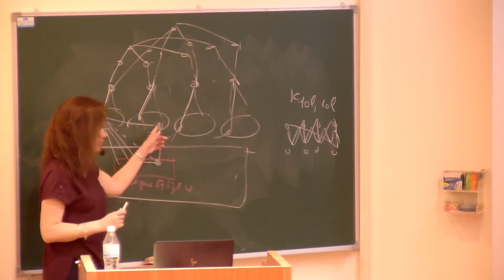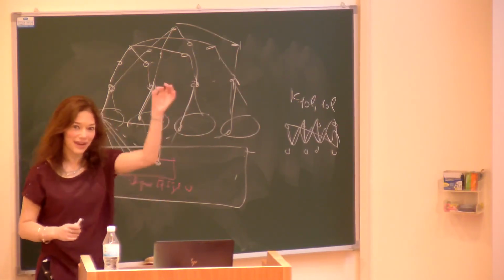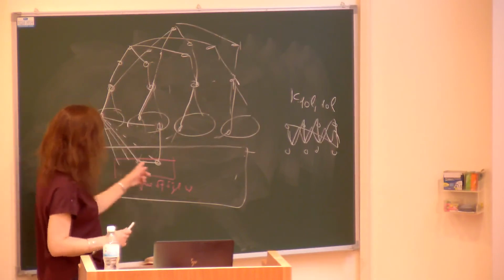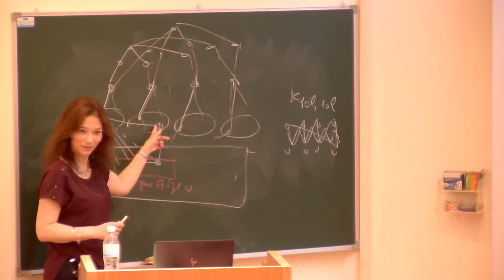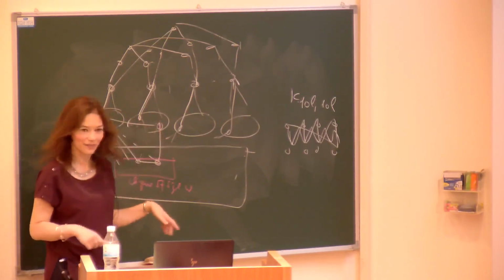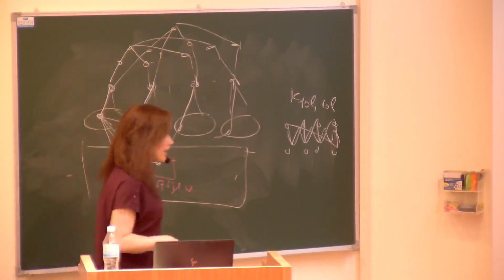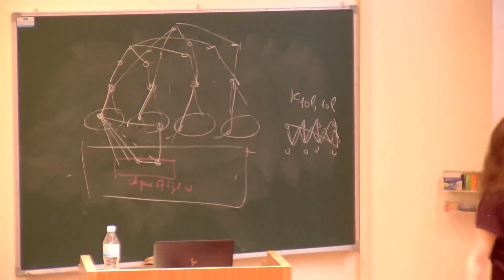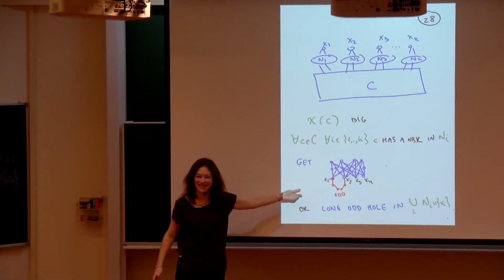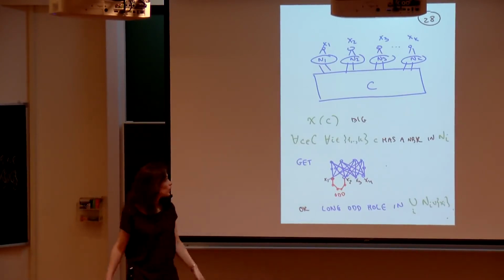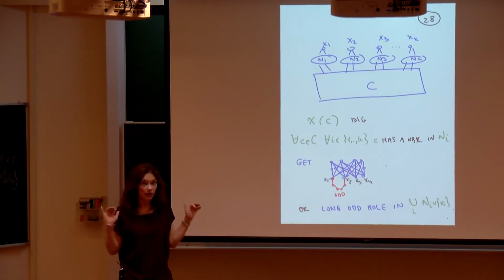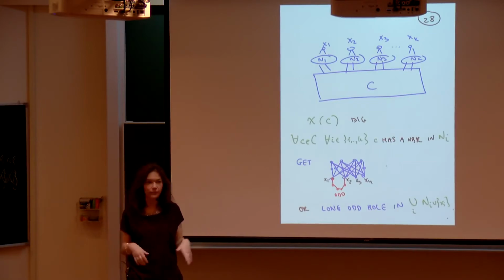And that's exactly what allows you to get an odd hole. You walk around the K_{N,N}, that's an even path, and then you complete it like this. Like this or like that, it doesn't matter. That's schematically depicted here. Okay, so that was getting a long odd hole.